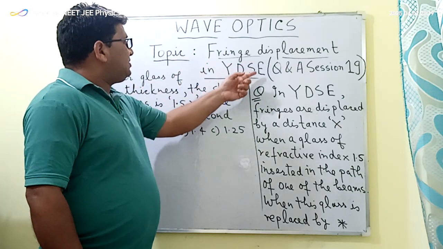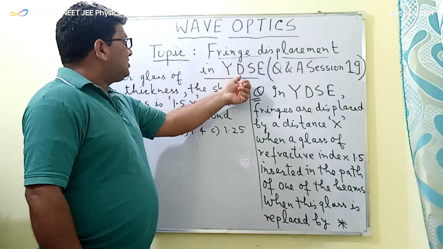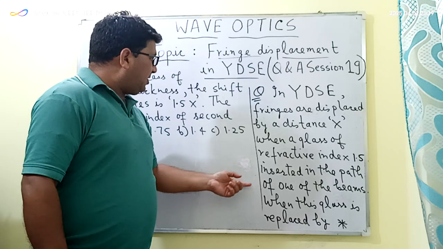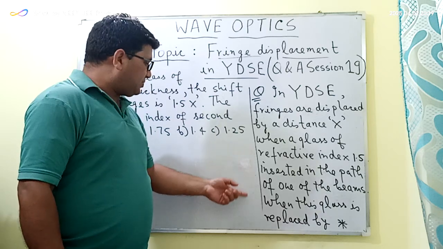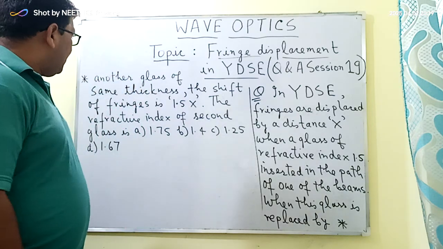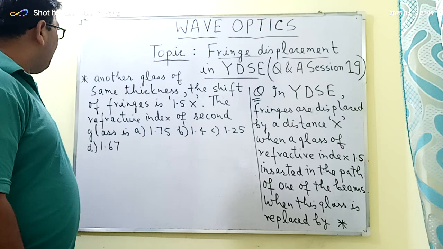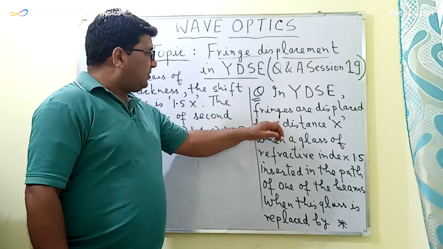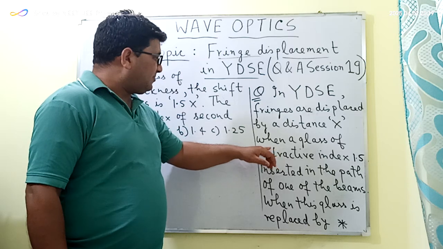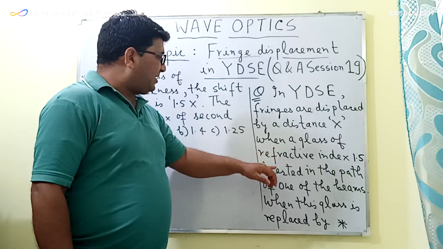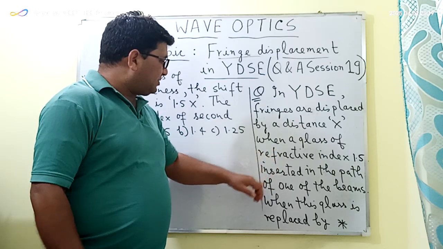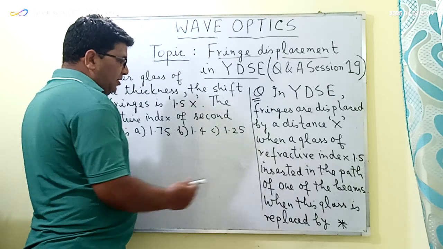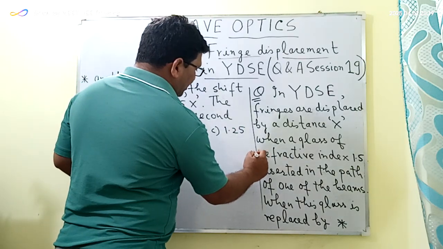The topic is the fringe displacement in the Young's double slit experiment. Based on this topic, I have one question for this session, which is written here on this board. The question is: in the Young's double slit experiment, fringes are displaced by a distance x when a glass of refractive index 1.5 is inserted in the path of one of the beams.